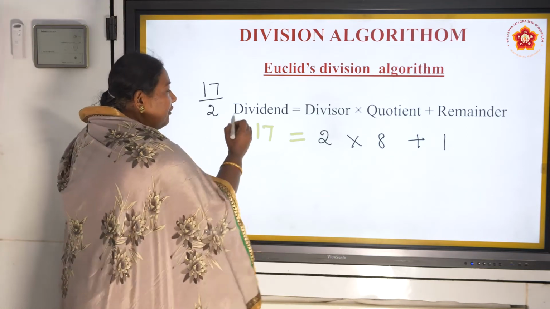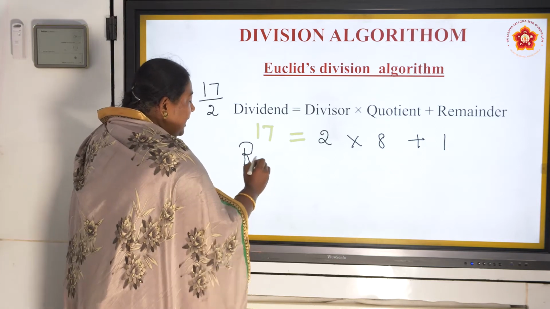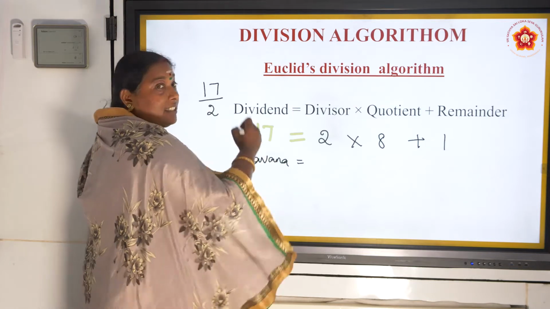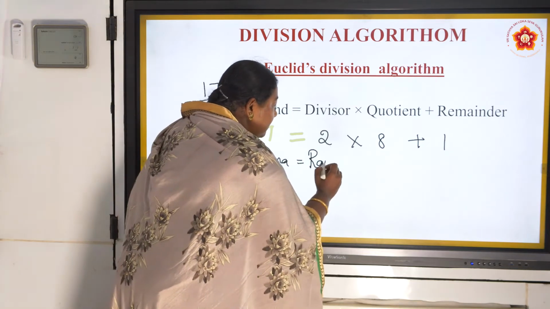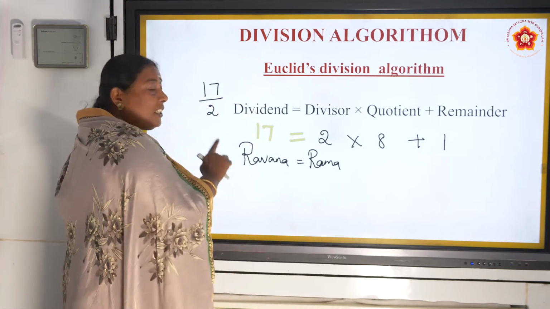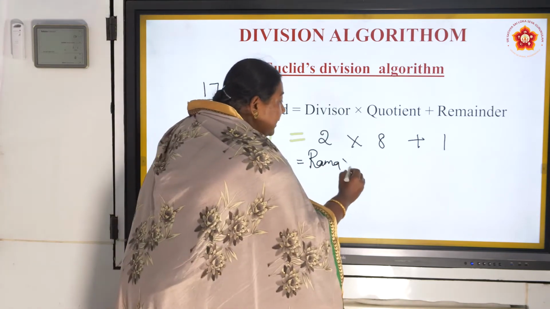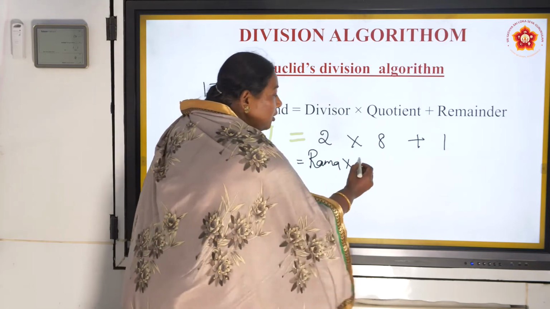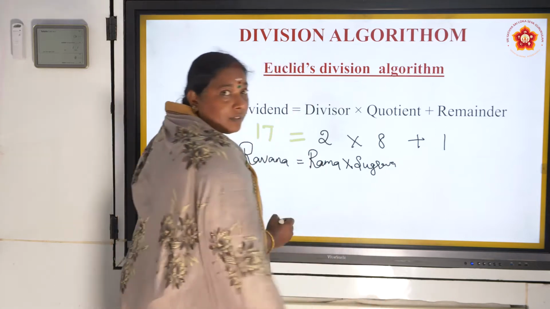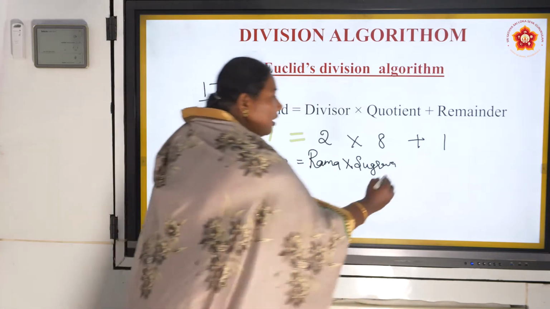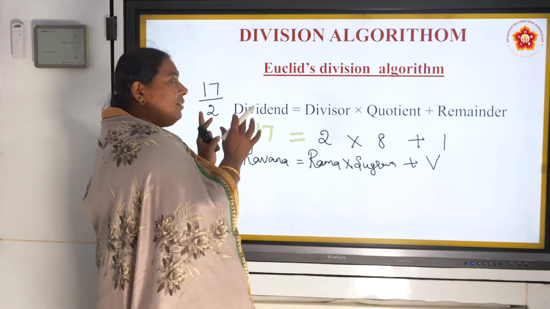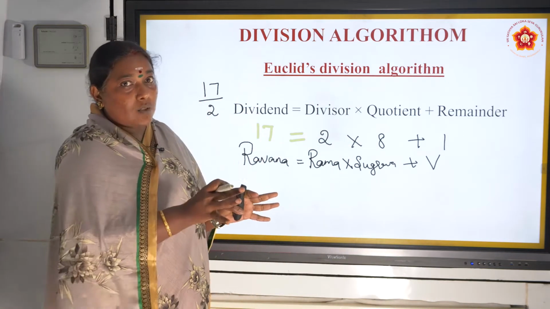If I take the dividend as Ravana and the divisor as Rama, then to defeat Ravana, Rama takes help from Sugriva. Right? And who is the remainder? Vibhishana.